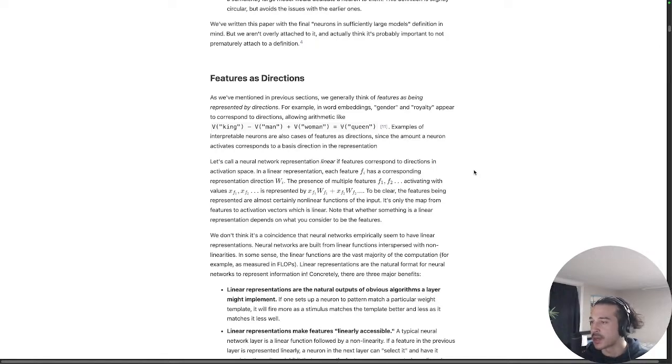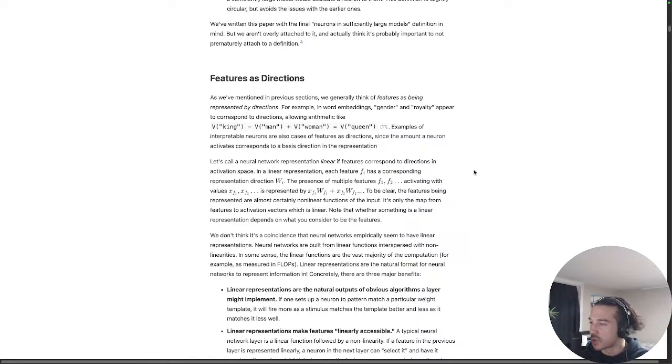Let's call a neural network representation linear if features correspond to directions in activation space. In a linear representation, each feature f_i has a corresponding representation direction W_i.